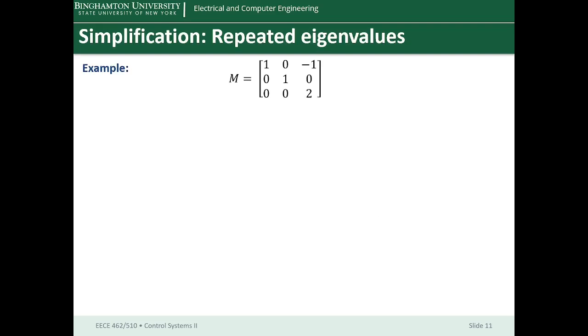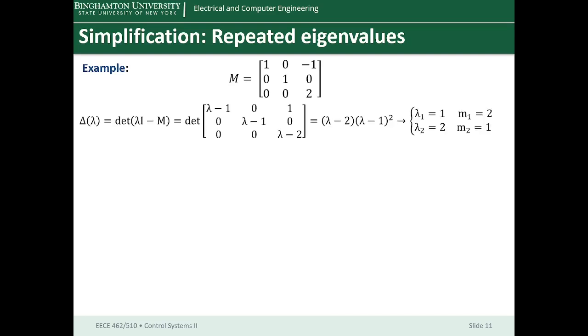Let's now see how the previous theorem actually works in practice through a very simple example. Here we have a matrix, let's call it M. The characteristic polynomial of this matrix is (lambda minus 2) times (lambda minus 1) squared. So it's easy to see that this system has two eigenvalues.